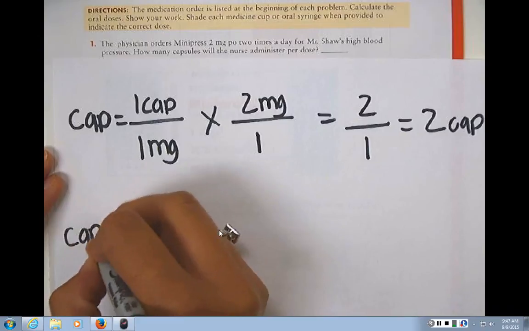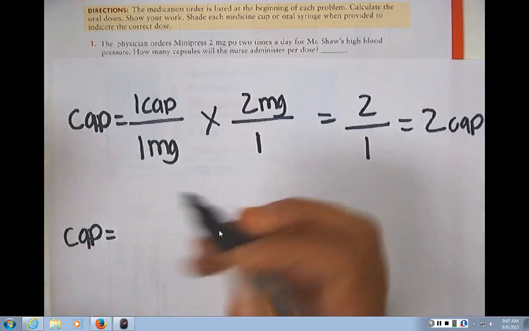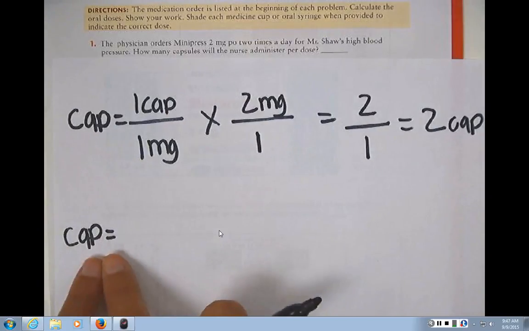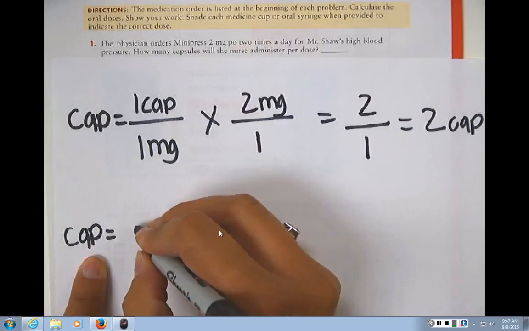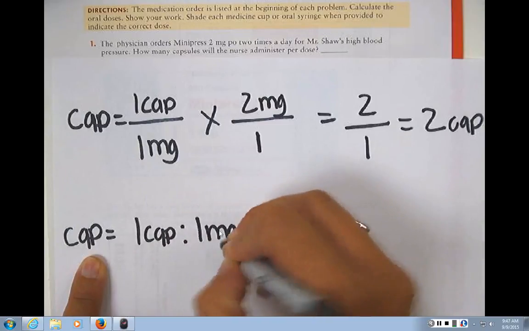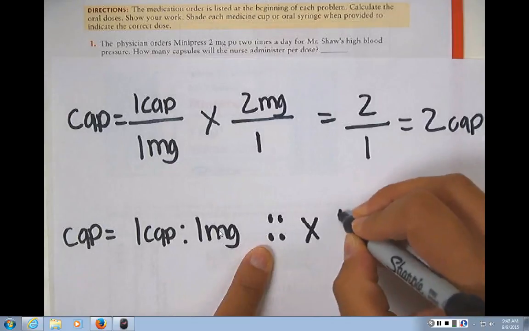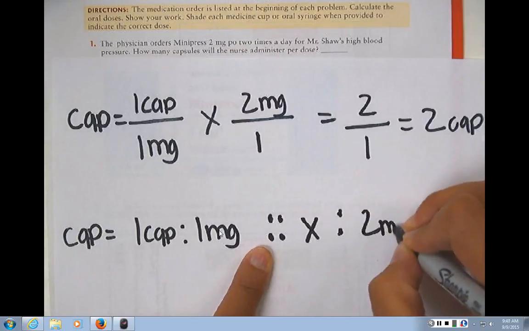Again, I always write what I'm solving for. And the first proportion I'm going to write down is my dose on hand. So I'm solving for capsules, and I know that 1 capsule is to 1 milligram as X is to 2 milligrams.